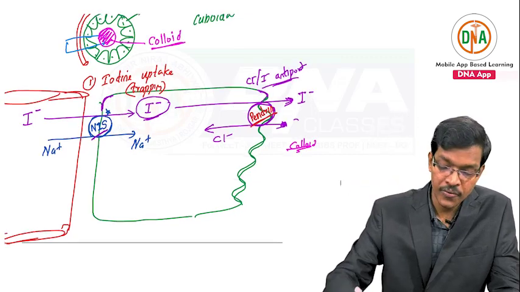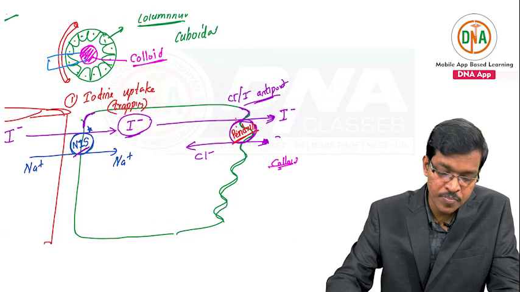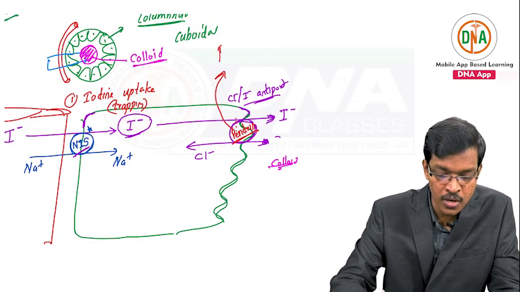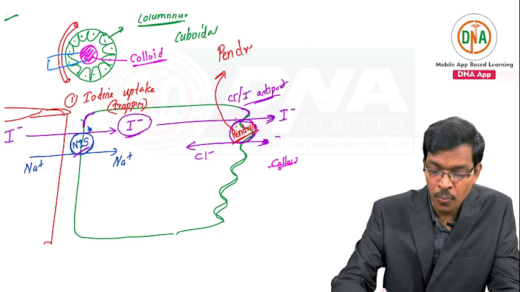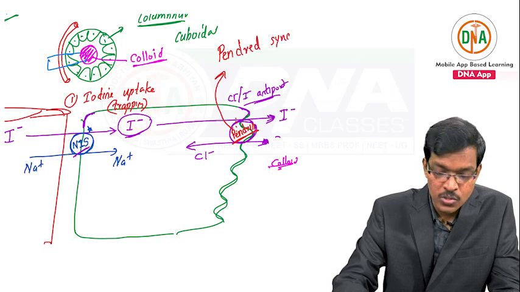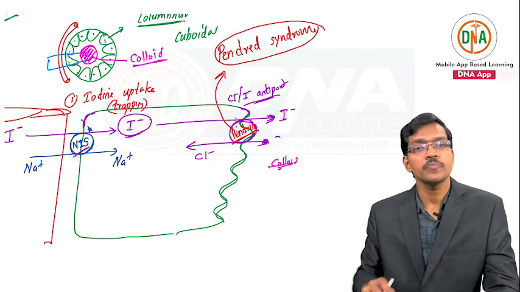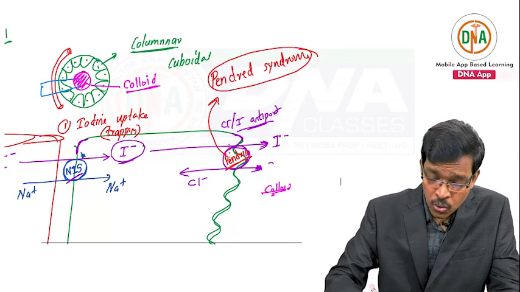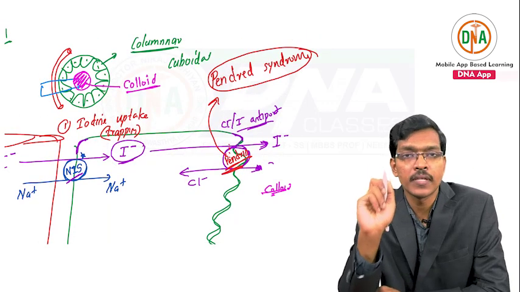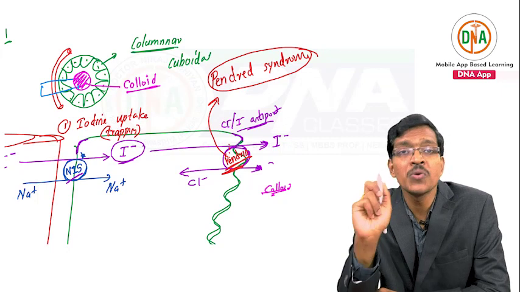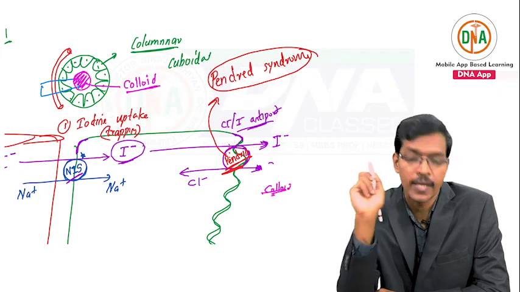The importance of pendrin is that a mutation of this pendrin channel results in a disorder known as Pendred syndrome. So what is Pendred syndrome? Remember, this chloride iodide antiport is present in the thyroid gland and also in the inner ear cochlea.